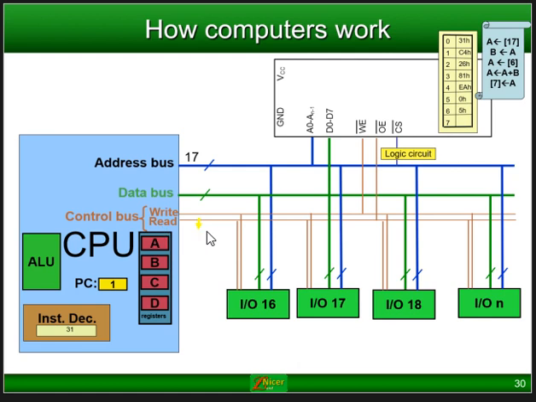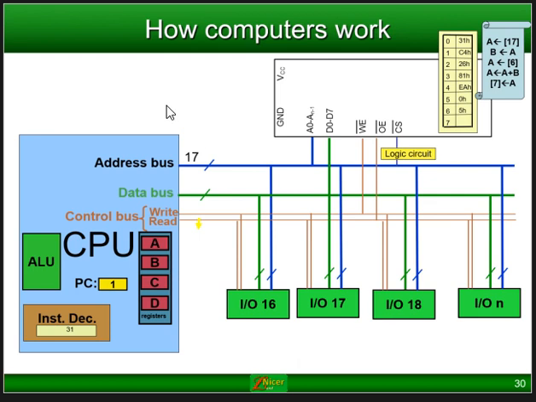So if the address is 17, it's pointing to this one. As you pull the read line low, it tells this device that whatever you have on this IO, it's coming. IO is an input, output. In this case, it's an input, what's coming from the outside world. Take that value and place it on the data bus, and eventually we're going to put it into the A.